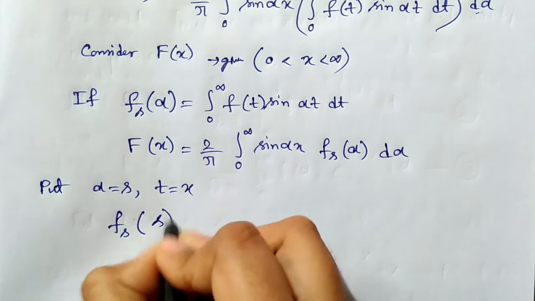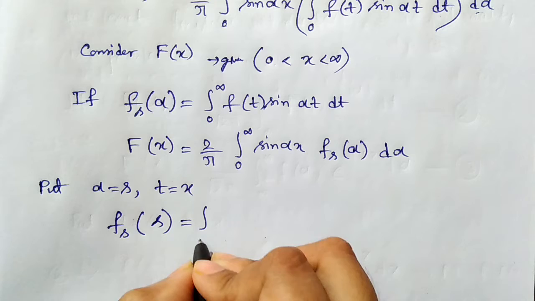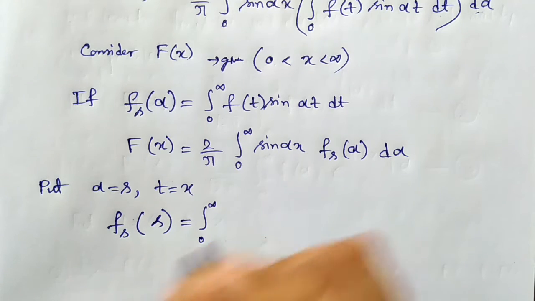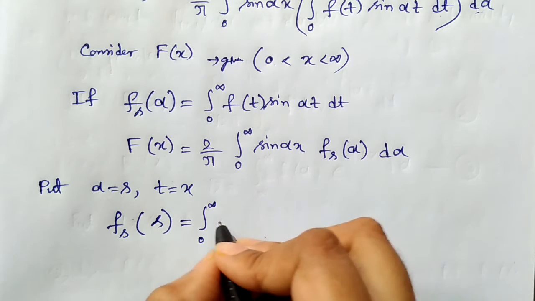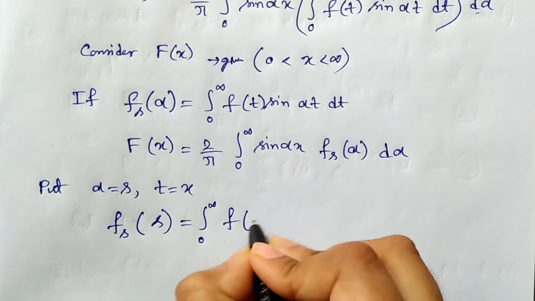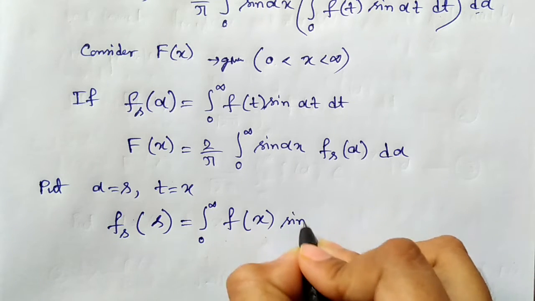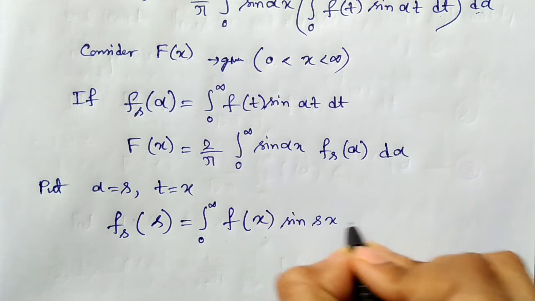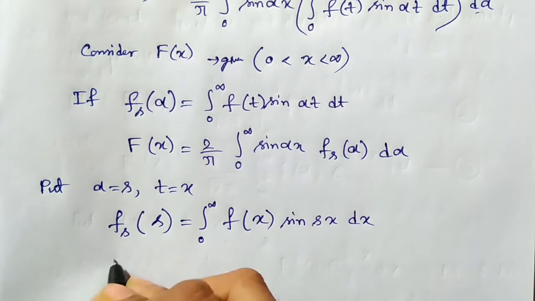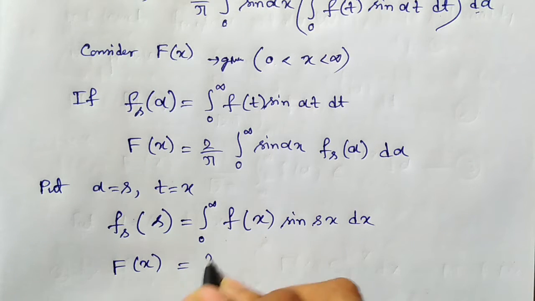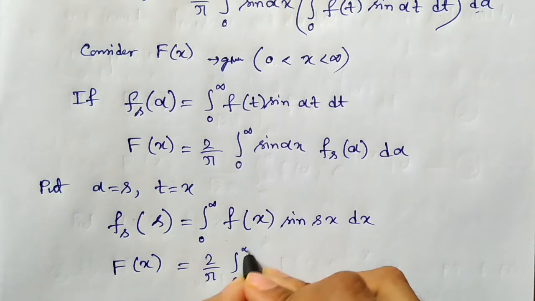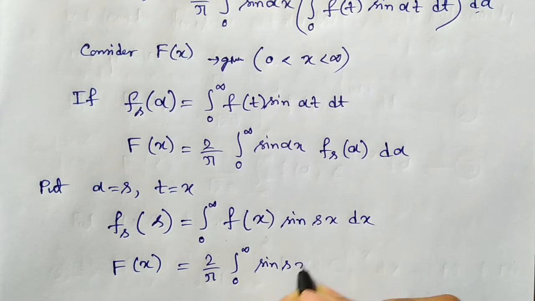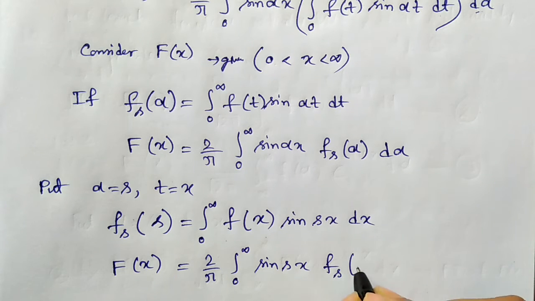So Fs(s) equals integration 0 to infinity f(x) sine sx dx, and f(x) equals 2 by pi integration 0 to infinity sine sx Fs(s) ds.